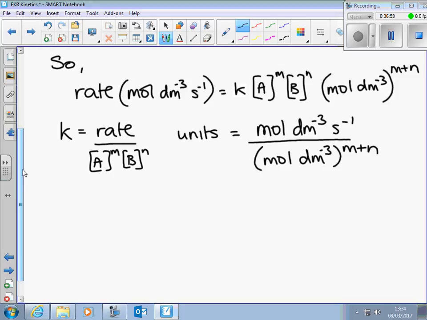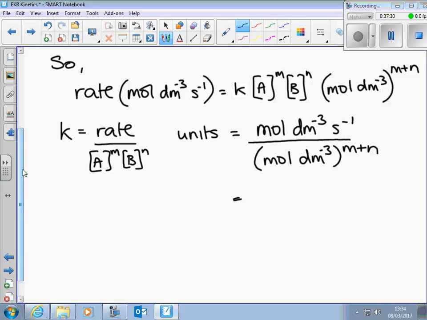And what you end up with here, let's see if you can simplify that at all? Anybody? You can cancel something out. You can actually cancel a mole per decimeter cubed. What would we be left with on the top?